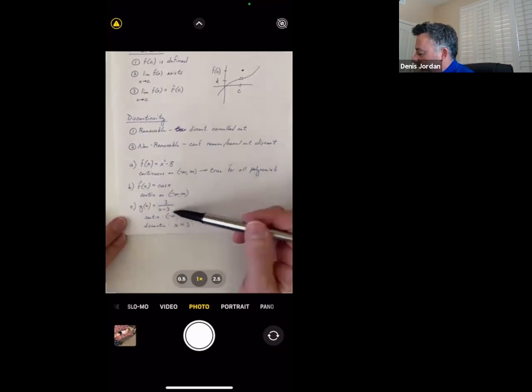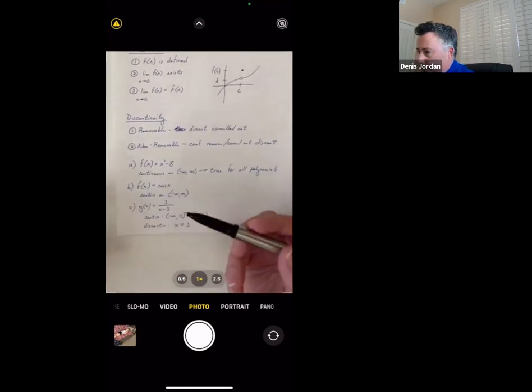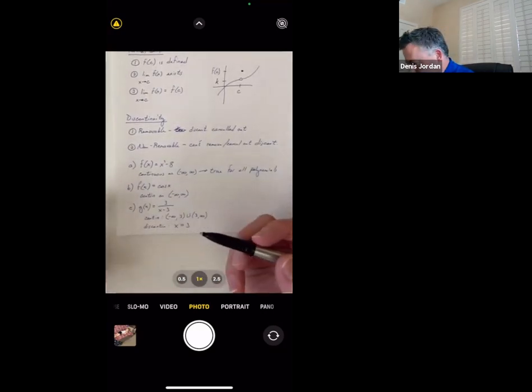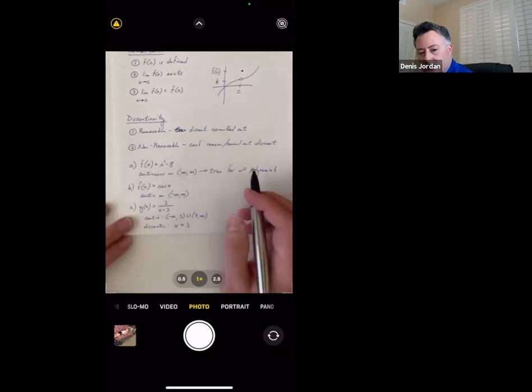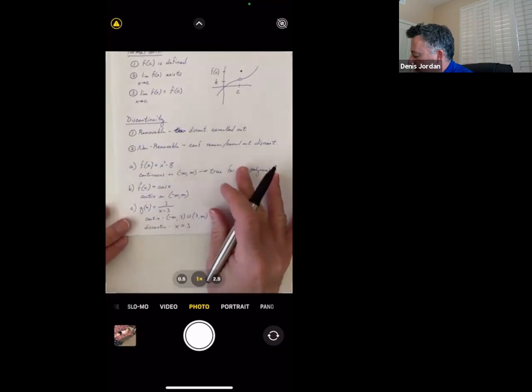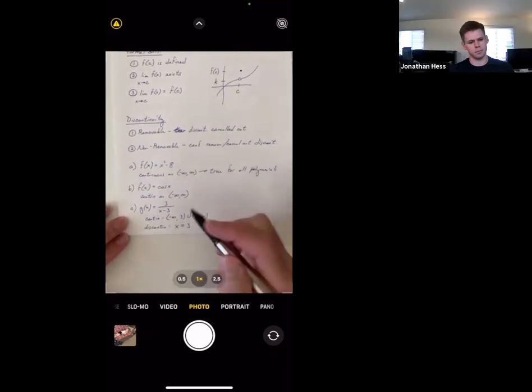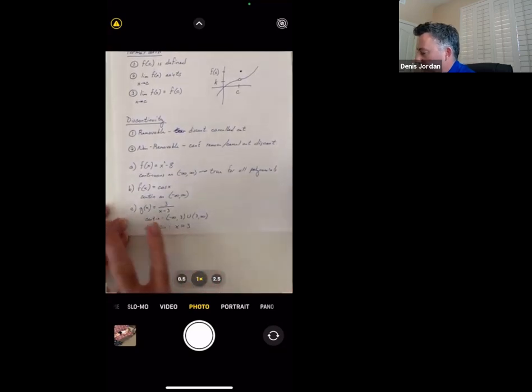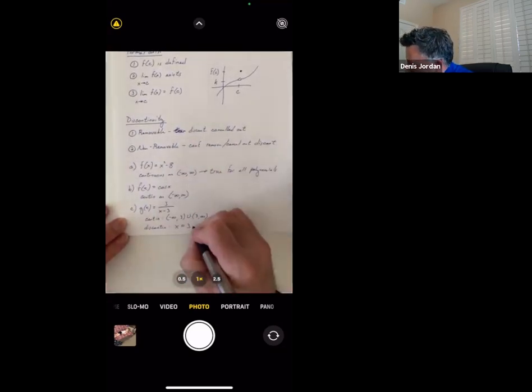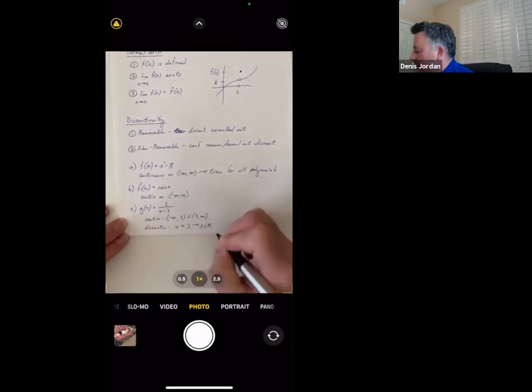So this function right here, does it simplify? Does anything cancel out? Or are you just stuck with it? Looks like you're stuck with it. You can't do anything to cancel, so you couldn't remove anything out of the fraction. So it's non-removable.